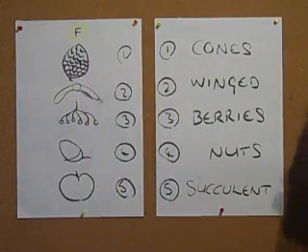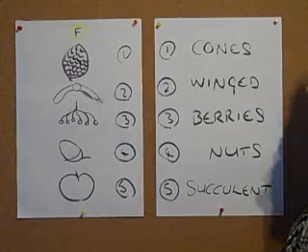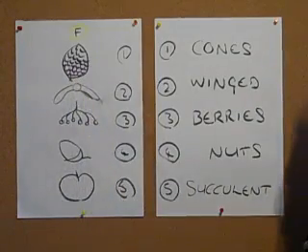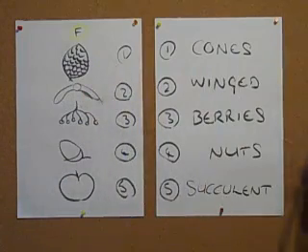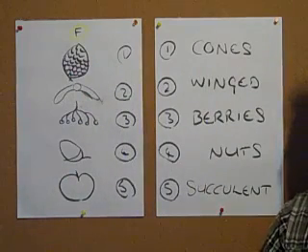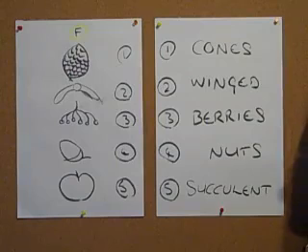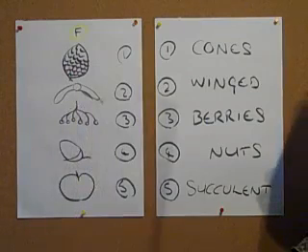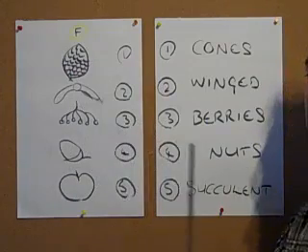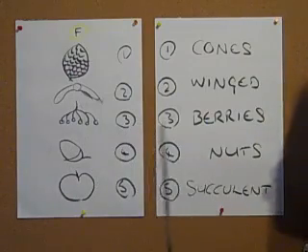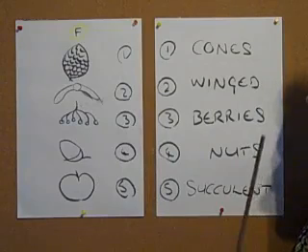These cones themselves contain the seeds of the tree, and there will be many of them. Secondly, we have the winged fruits. These tend to be on trees which are wind pollinated, and the structures of the seed-bearing capsules tend to utilise the wind for their dispersal.